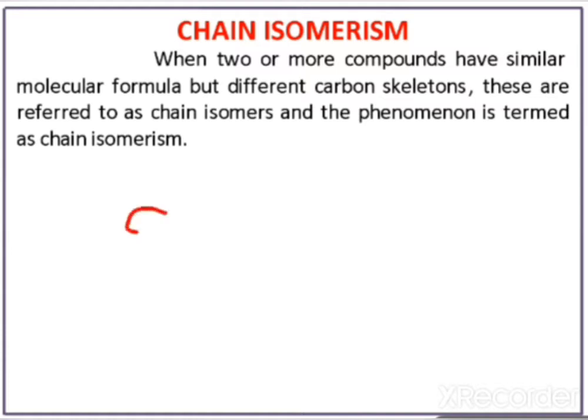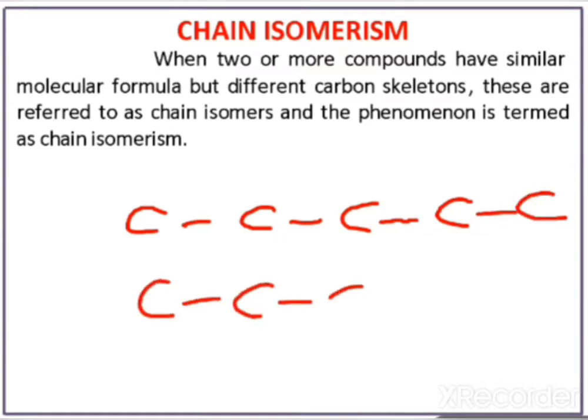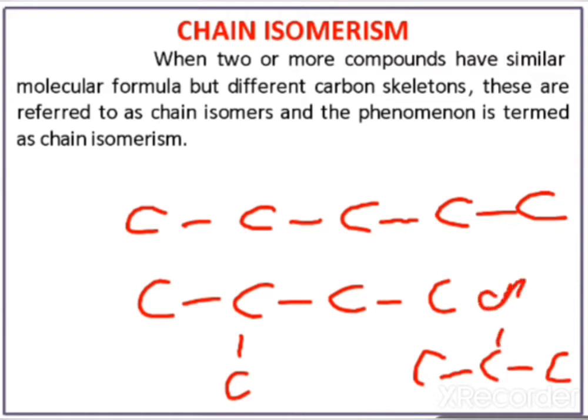For example, if we have 5 carbons, then we can arrange them in 3 different ways. First, 5 carbons in a straight line. This is a straight structure. Then 4 carbons in a straight line and 1 branch. And 3 carbons in a straight line and 2 branches, one carbon above and one below.